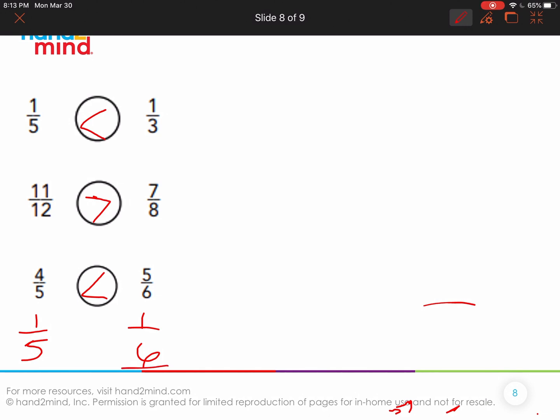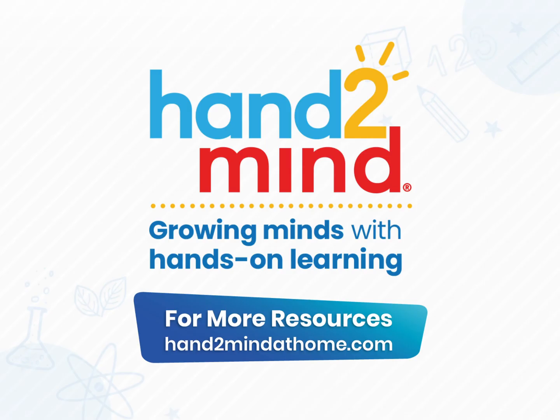And we know that a 6th is smaller than a 5th. And if it's smaller, then that means it has less distance to get to one whole. So therefore, 4/5 is less than 5/6.